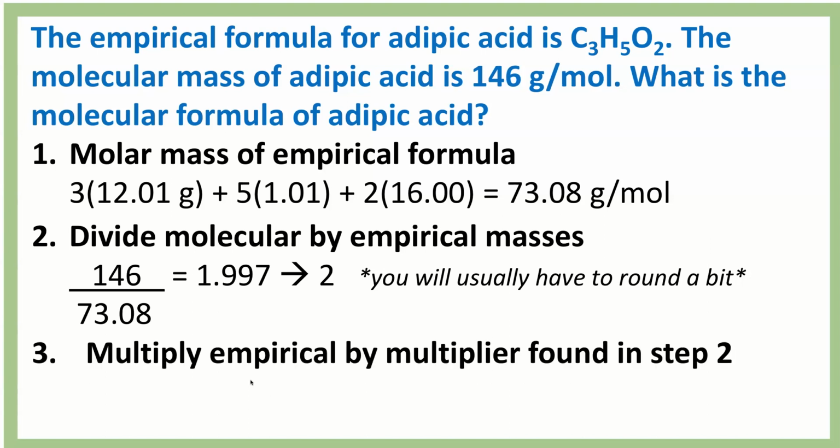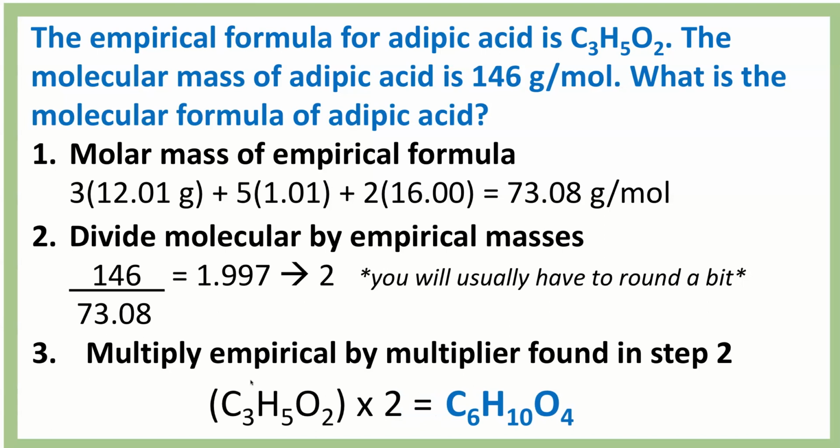Well, now let's multiply the empirical formula by this multiplier that we found above. And there we have our molecular formula of adipic acid. So adipic acid has an empirical formula that is half of its molecular formula in this situation. And then now the problem is done.